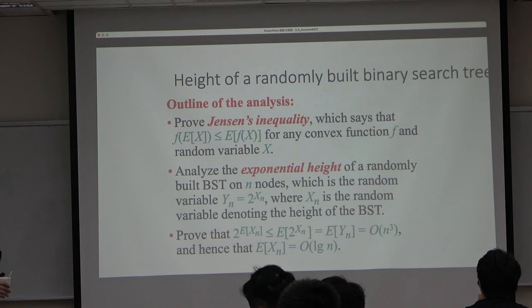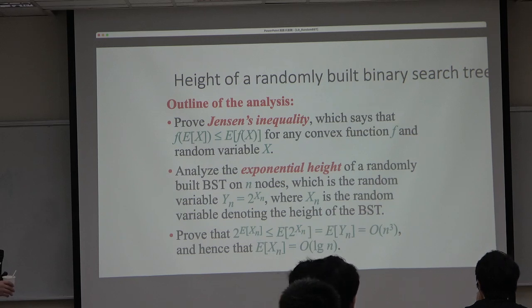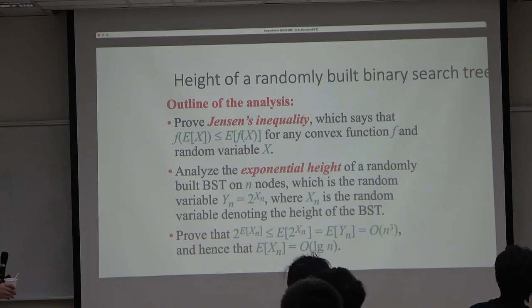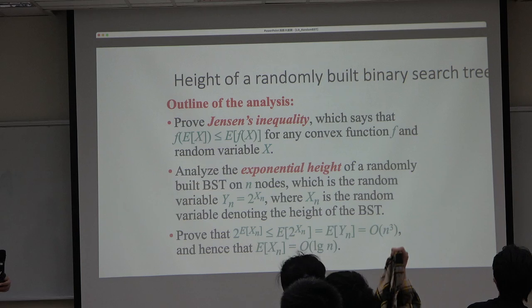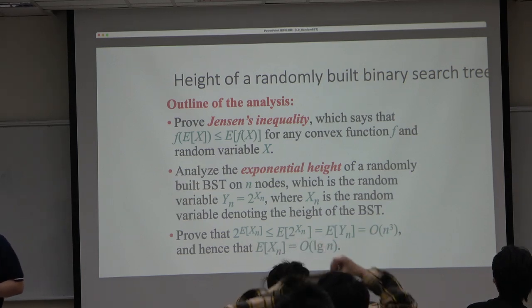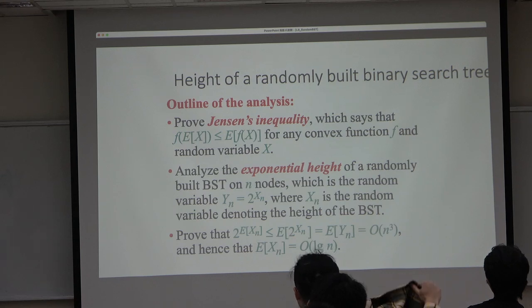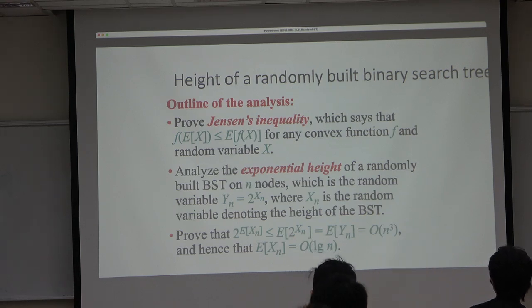If you have n nodes, we'll be able to show that the expected exponential height will be big O of n cubed, and then because it's an exponential height, once you use the log, it will tell you that the expected height of the tree is big O log n. So it's a kind of very indirect proof.